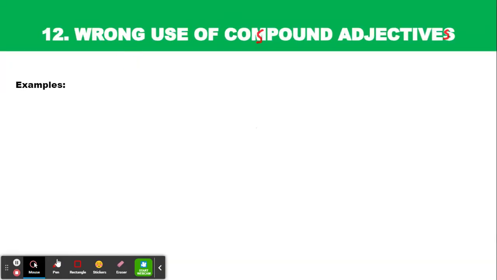Number 12 is wrong use of compound adjectives. For example, "she registered for a 2 years course." This is wrong because we are talking of a 2-year course. The compound adjective is 2-year; the two words should together form a compound adjective describing the type of course that she registered for.